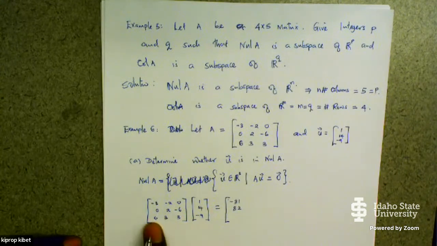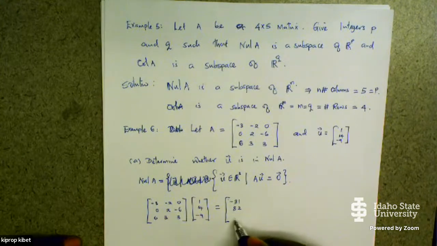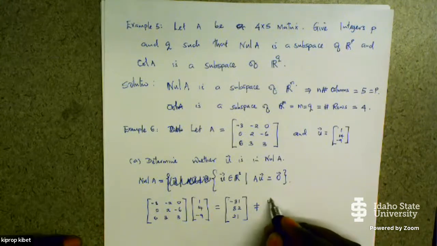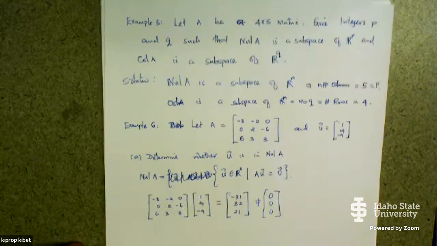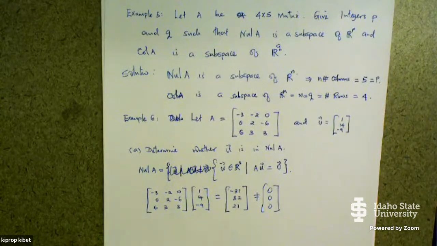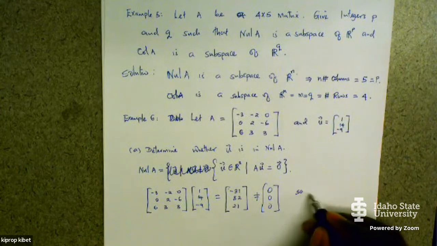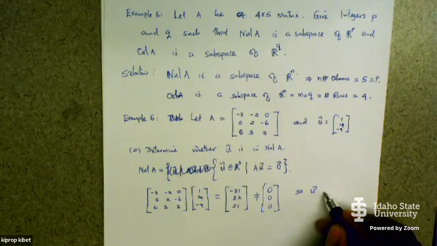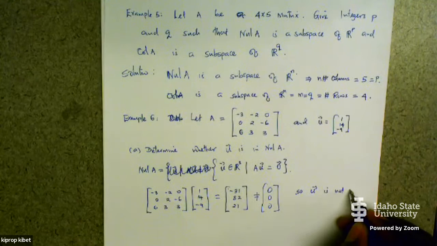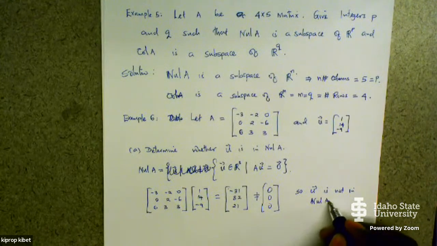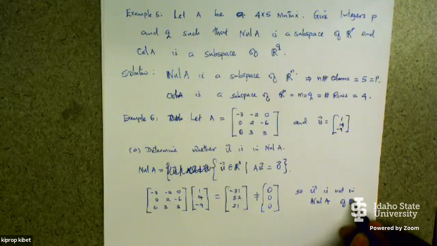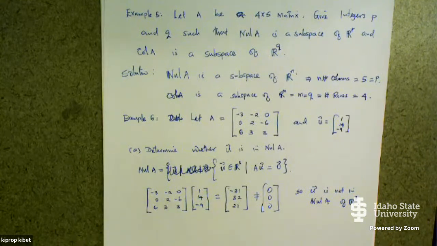The next one is 6, and this is equal to 21. And this is not equal to 0, 0, 0. So U is not in the null space of A in R3. It's not in the null space.